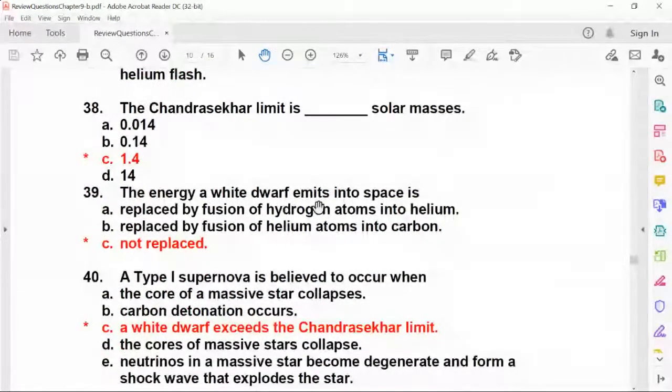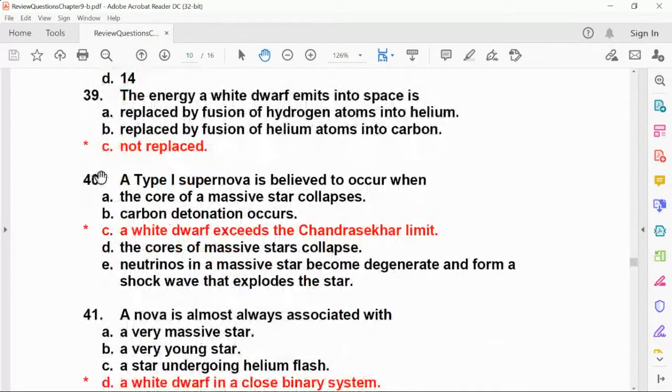The energy a white dwarf emits into space is not replaced. A white dwarf is basically the material that's condensed into a size like planet Earth. It doesn't do any nuclear fusion, but it's going to start emitting energy, and this energy is not replaced anymore.